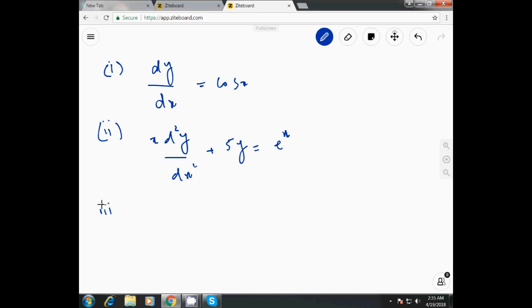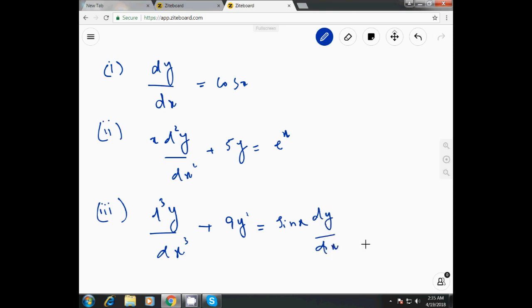Third is d cube y by dx cube, third derivative of y with respect to x, plus 9y square is equal to sin x dy by dx. So these all three are examples of the ordinary differential equation, because the derivatives involved in these equations are the total derivatives, not the partial derivatives.